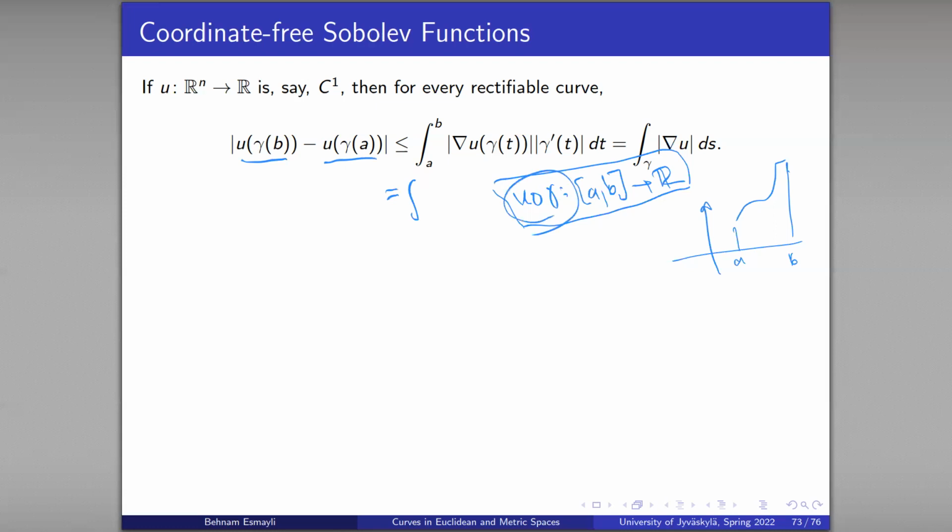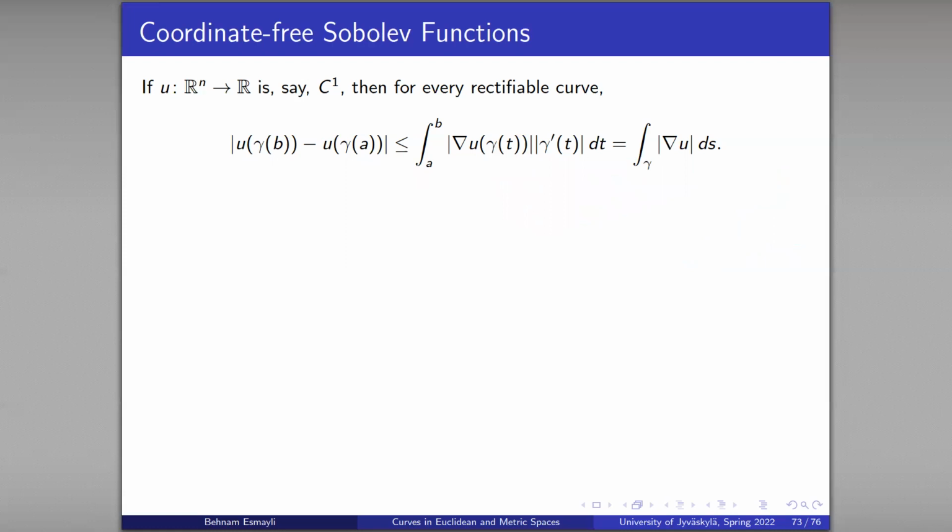That's where this derivative comes in, and the chain rule. So this becomes the derivative of u times the derivative of gamma. And that inequality I showed you kicks in, and we have this. But by definition, this is nothing other than the line integral of the absolute value of nabla u, the gradient of u.